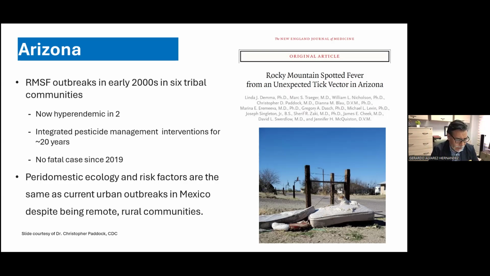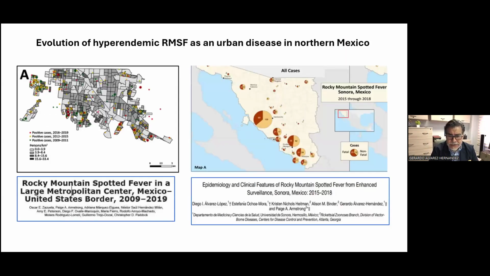In almost 2 decades, from the early 2000s up to the current days, the spread of RMSF outbreaks in northern Mexico, but I would say also in other states in Mexico, has shifted from appearing in rural communities with isolated cases and familial clusters to hyperendemic foci in large urban centers.